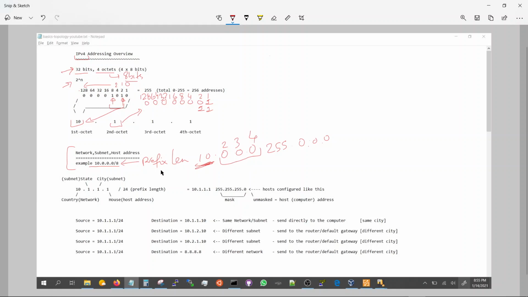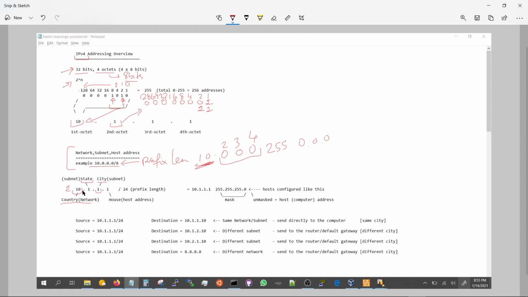How do we address? Here's an example. If this is the network that's given to you, you could call the first octet a country octet. You're representing a country or a network. The second octet you can call state, and the third octet you can call city.